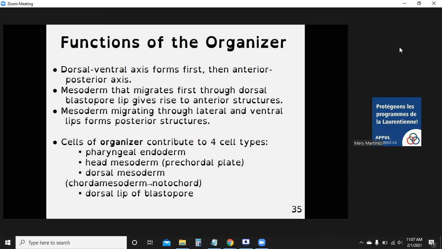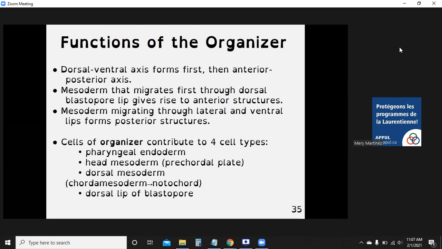So it is thought that the cells of the organizer ultimately contribute to 4 different types of cells. Pharyngeal endoderm, the head mesoderm, which is the precordal plate, as we will see later. Dorsal mesoderm, and this dorsal mesoderm is mostly chorda mesoderm, as we saw prior in one image, that will become the notochord.